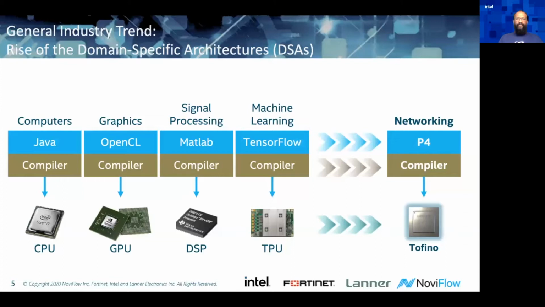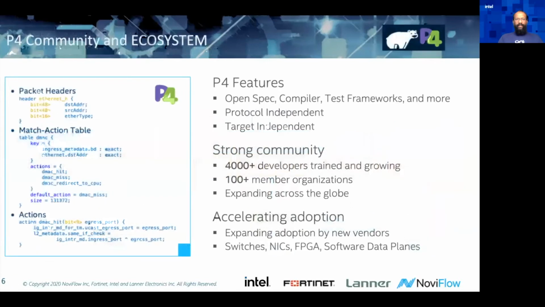The reason a domain-specific architecture is important is because it actually puts the power of the whole technology into the end user's hands. And it also helps vendors to create innovative solutions to their customers. So I've talked about two key components. One is the programming language itself, and the other one is the actual compiler target.